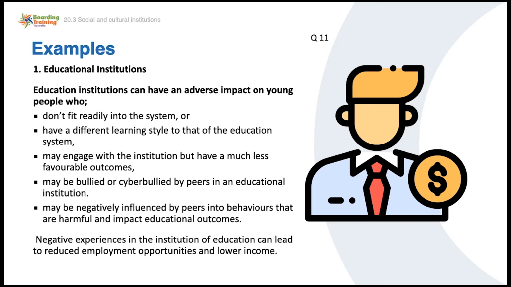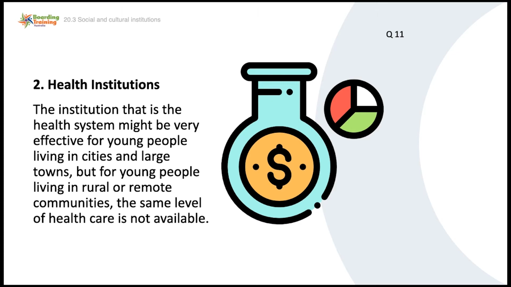They don't fit into the system, they've got a different learning style, they may engage with the institution but have less favourable outcomes, they might be bullied or cyberbullied, they might be negatively influenced by peers, etc. Negative influences in the Institute of Education can lead to lots of poor outcomes, including reduced employment outcomes and lower incomes. Another are health institutions.